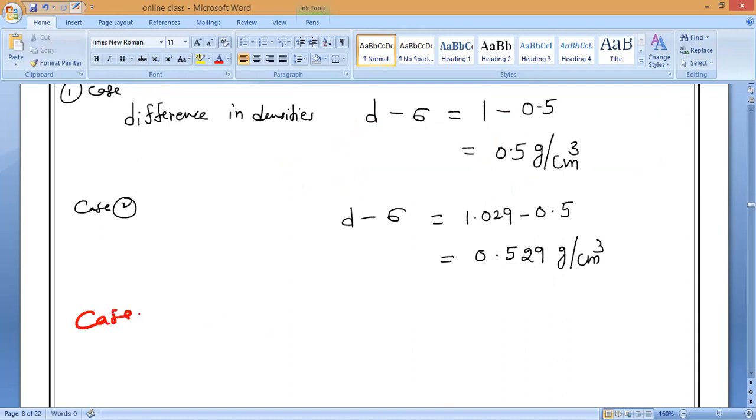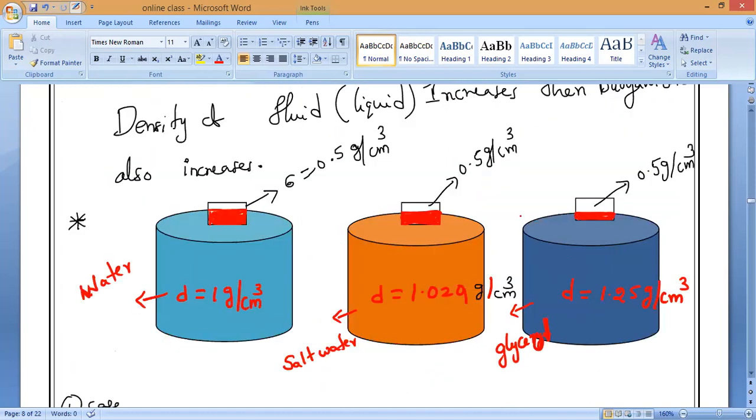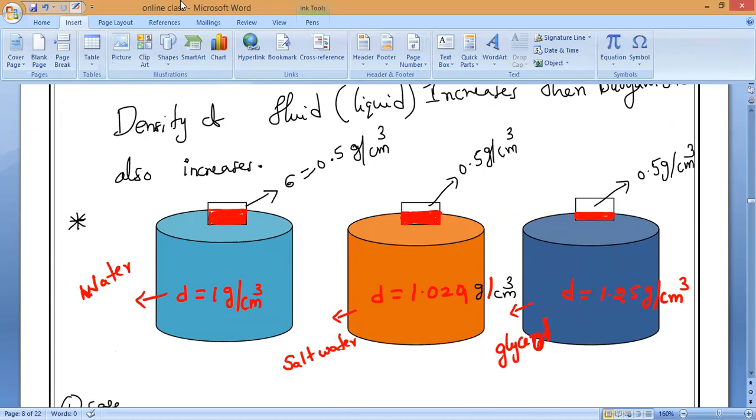Now, case 3. Density of liquid minus density of object is how much? See that glycerol density, how much is it? 1.25. Glycerol, or you can take glycerin also, no issues.